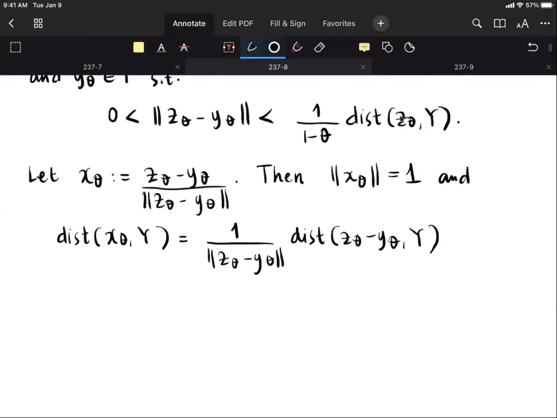Again, since y is a subspace, we can translate, then this is the same as the distance between z theta and y.